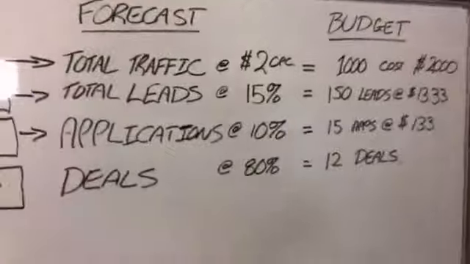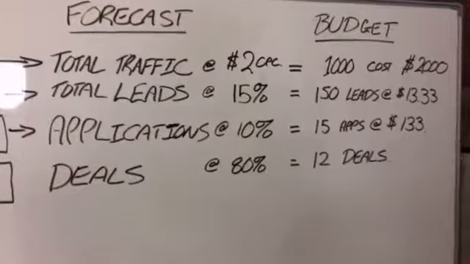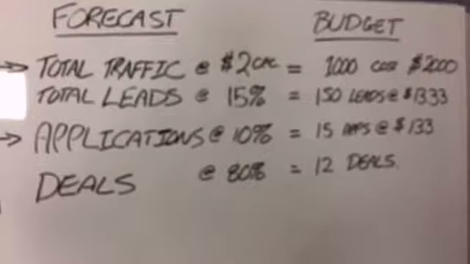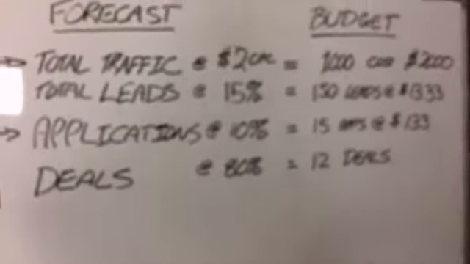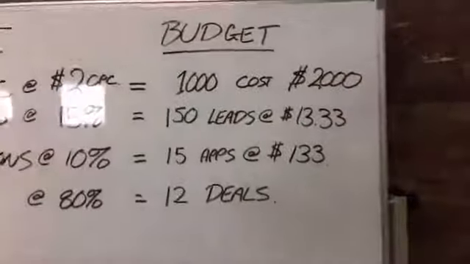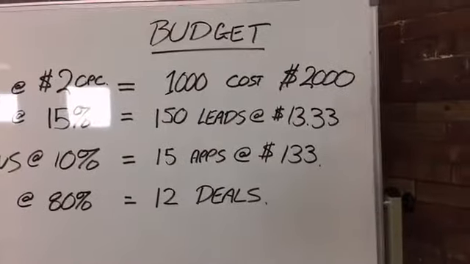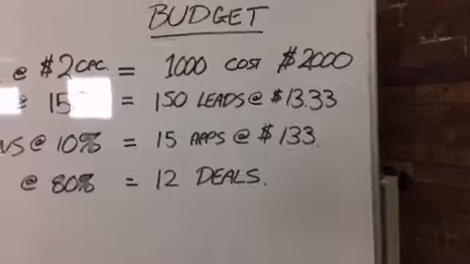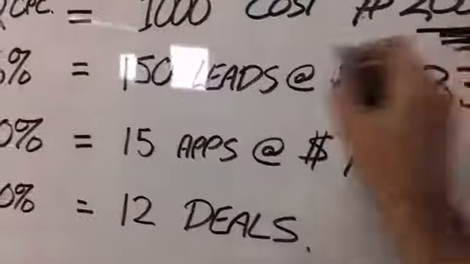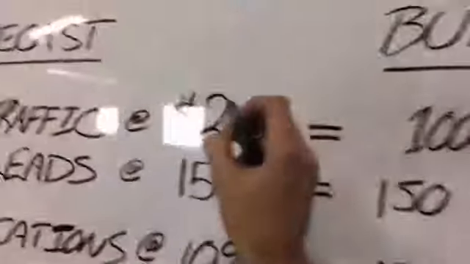So if you're forecasting that your traffic is going to cost you $2 per click, that means that to drive 1,000 clicks to your business, you're going to spend $2,000. That's an investment of $2,000, and you can take this up or down depending on what you think this number is going to be.